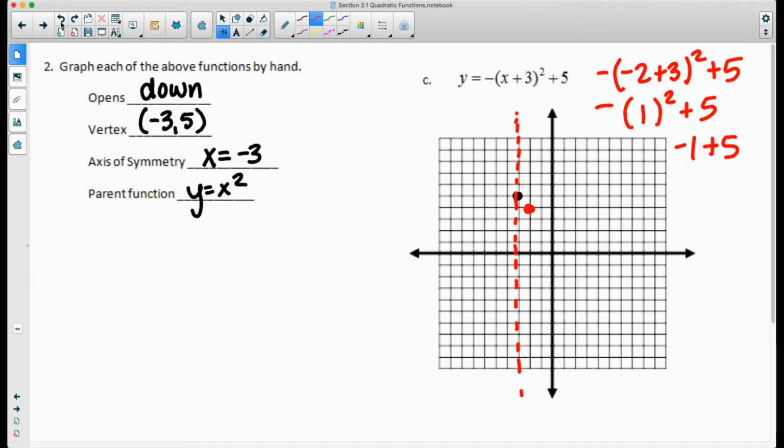And hop across the axis of symmetry. If you know the standard opening, you have to plug it in. No, if you know that it's not going to have a vertical stretch or compression, then you're good.